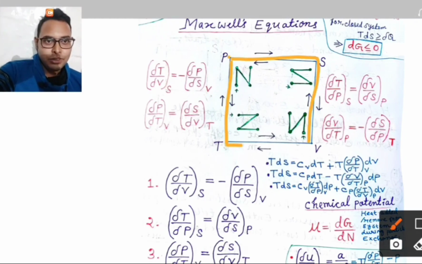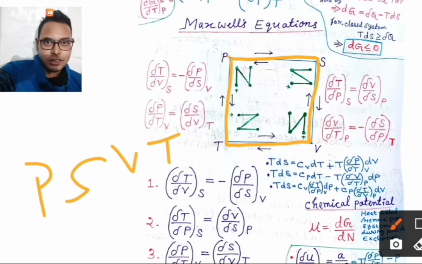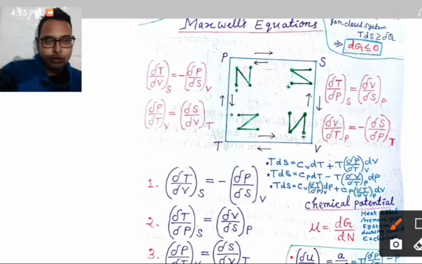First of all, you create a square and then write P, S, V, T. Then you write U, H, F, G. Then you can remember or write Maxwell's equations very easily by drawing this diagram. Okay, I am going to explain it to you.